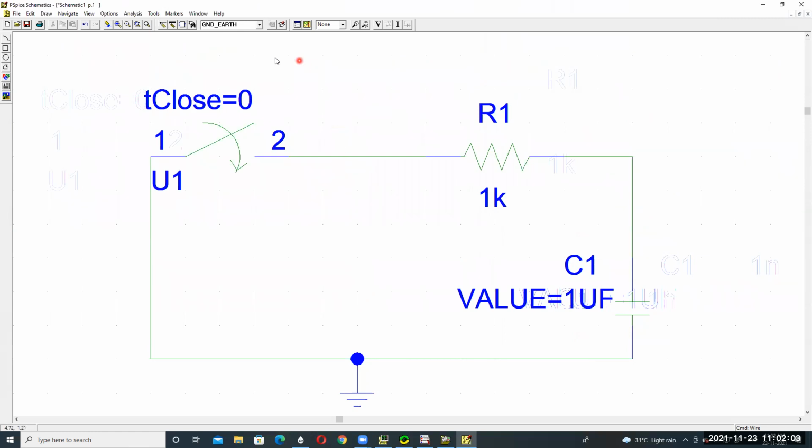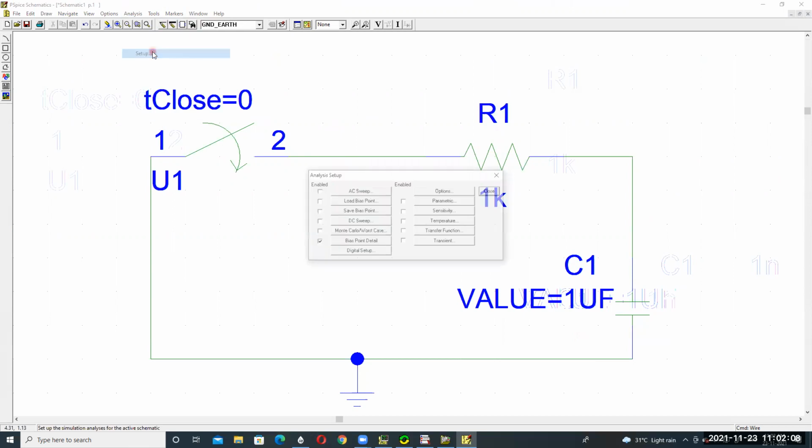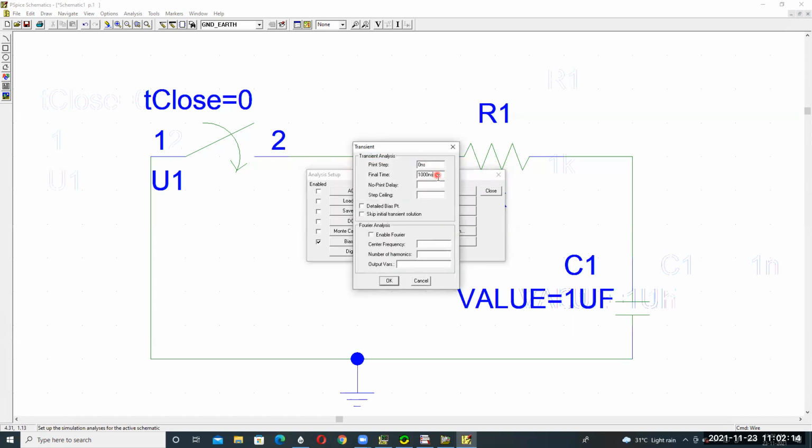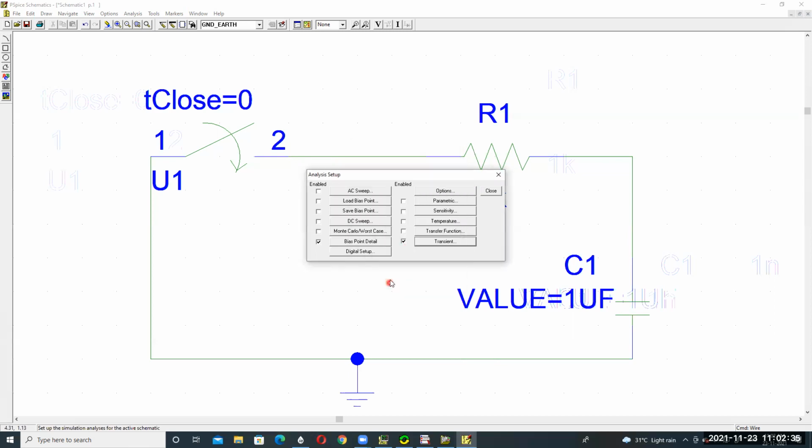Then go to analysis and tick transient. The time constant is 1 millisecond, and for 5 time constants the final time is 5 milliseconds. If I take greater than 5 milliseconds, our waveform will be closer to complete, so I'm choosing 10 milliseconds here.